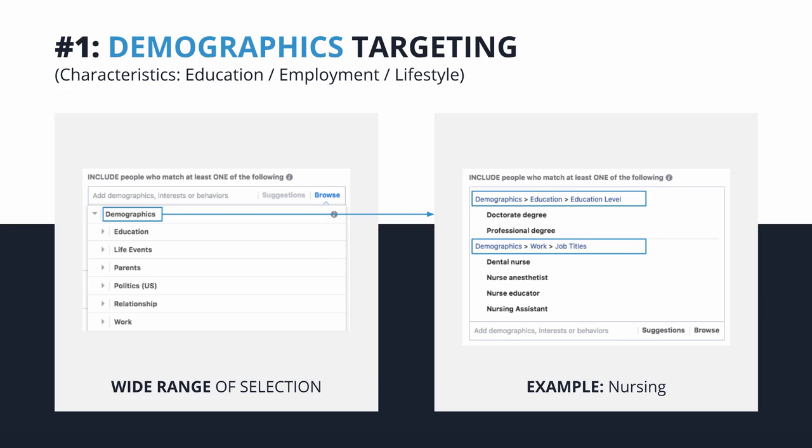We went to demographics and targeted people who made $100,000 a year or higher, because we found that the quality of leads on our mortgage offers was very high for these wealthy people. They were taking the mortgage more seriously.